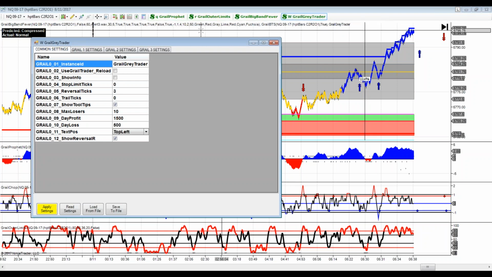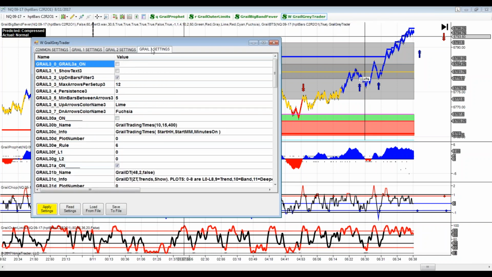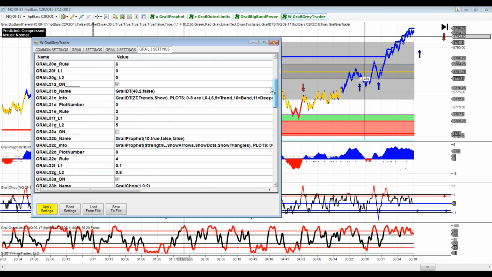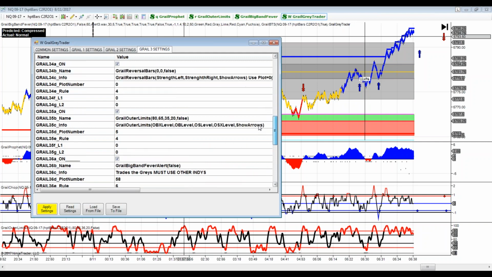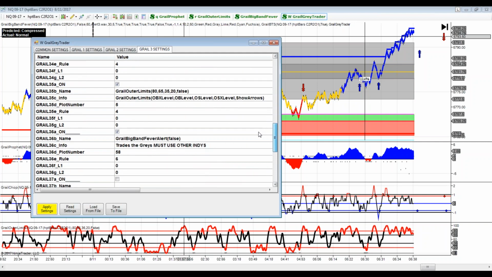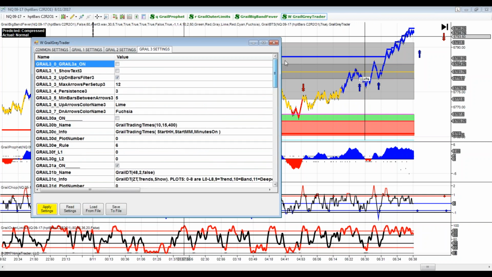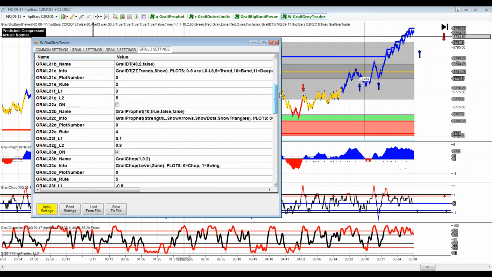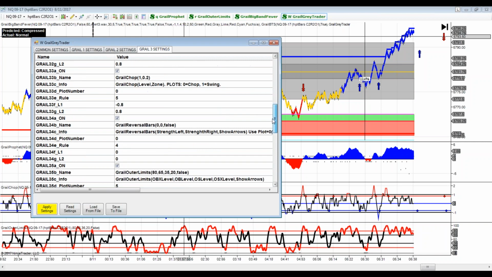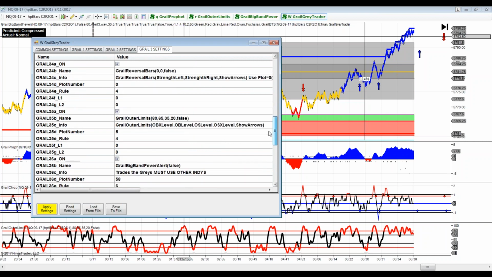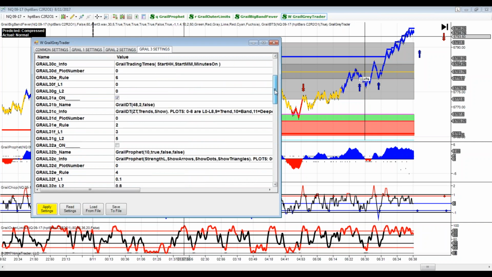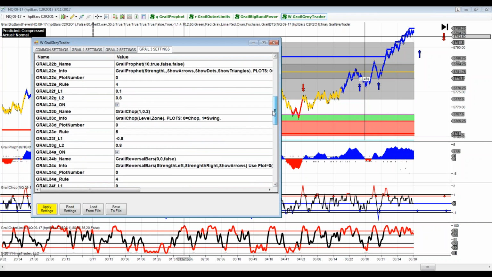Now, you may be asking, what about Grail 3? Grail 3 can also trade the gray areas by doing the same thing that we did for Grail 2. You go ahead and activate it, and then all of your other standard indicators that we use for trading Grail 3, the chop, reversal bars, the outer limits, and the DT are all there.